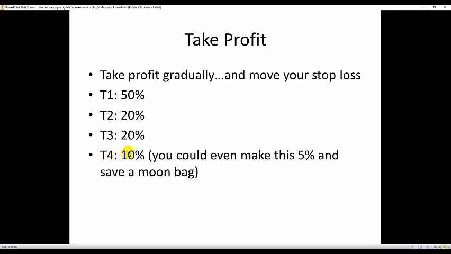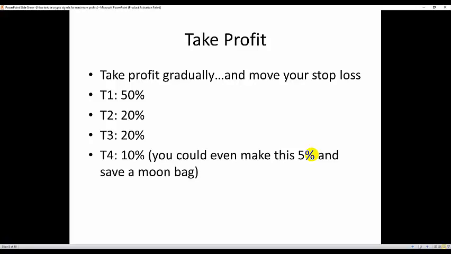Under TP4, you can decide to take 10% profit for people that will allow you to get to TP4. So you could even make this 5% and save a moon bag. By moon bag, I mean you just keep 5% of that trade and leave it in that coin in case it keeps going up. It's more like your bag for that particular coin, for people who want long-term holding of that coin.